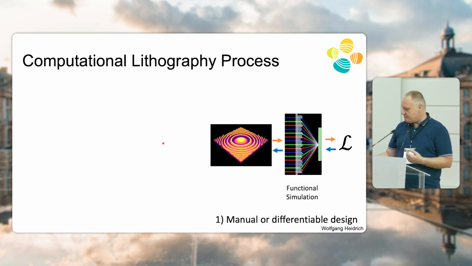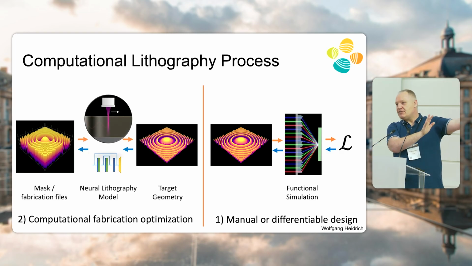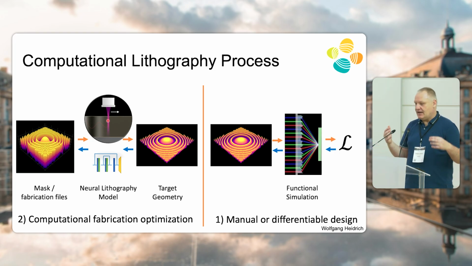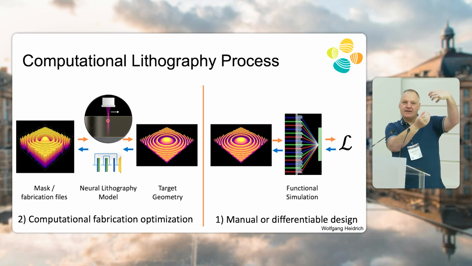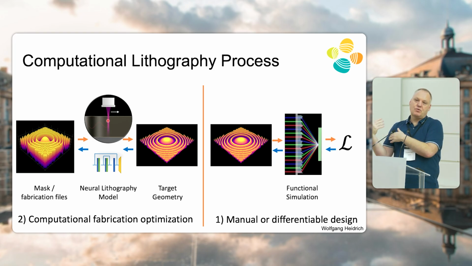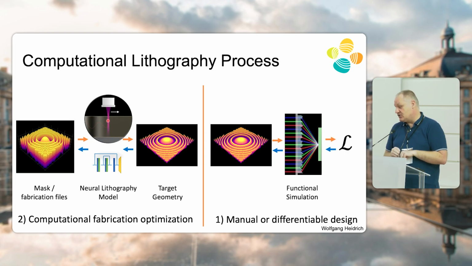And you have a design, and then you hand this design off to a foundry that builds the device for you. And then the foundry runs some neural lithography model where they have a characterization of their fabrication process, and they tweak the design files in such a way that the geometry that you get out is as close as possible to the designed geometry.